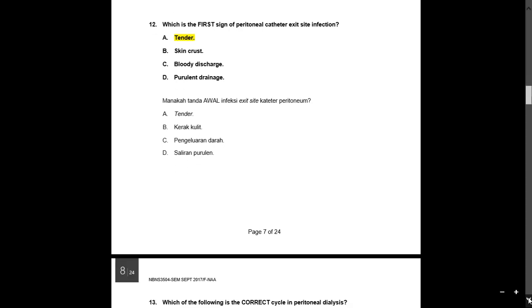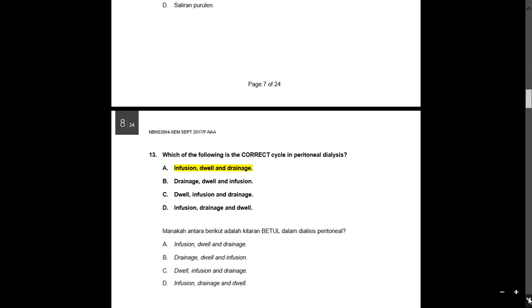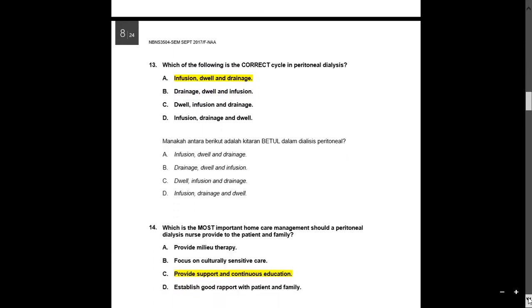Then question number 13. Which of the following is the correct cycle in peritoneal dialysis? So what do you do in peritoneal dialysis?